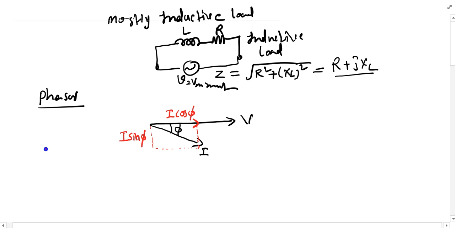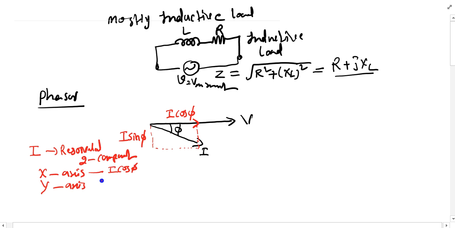So my current I is resolved into two components, one in the x-axis direction and another in the y-axis direction, where the x-axis component is I cos phi and the y-axis component is I sin phi.